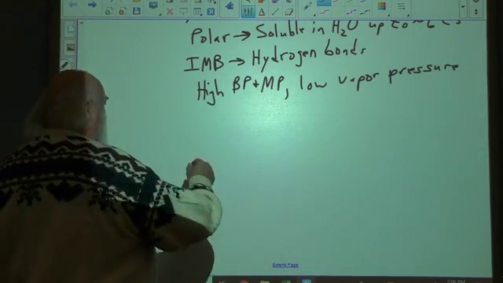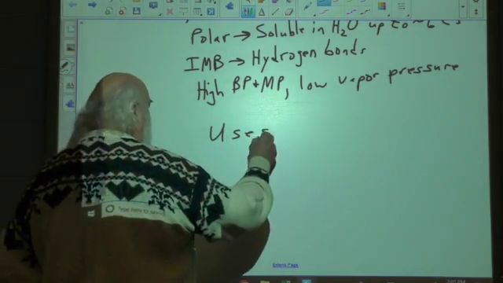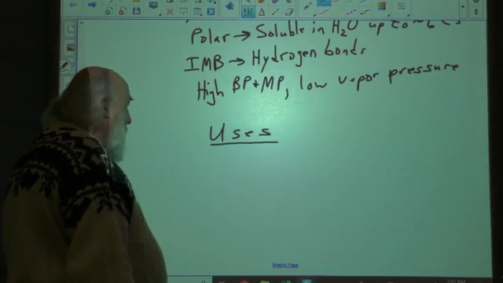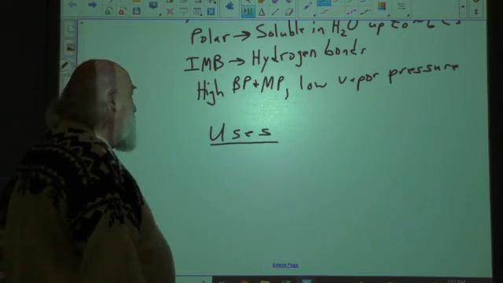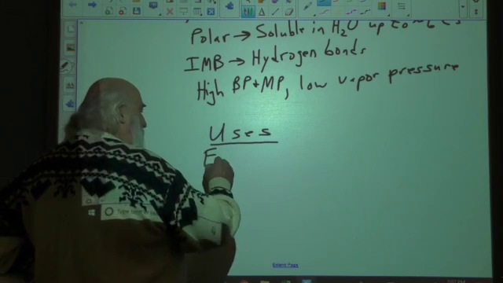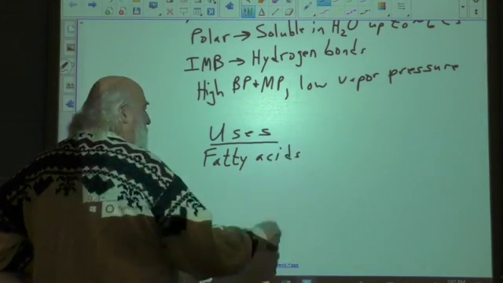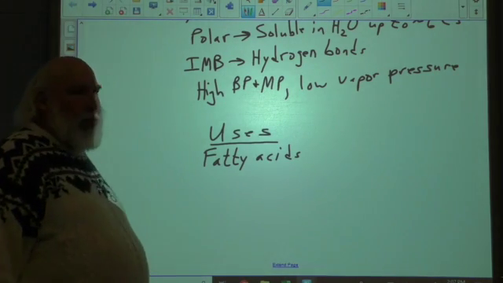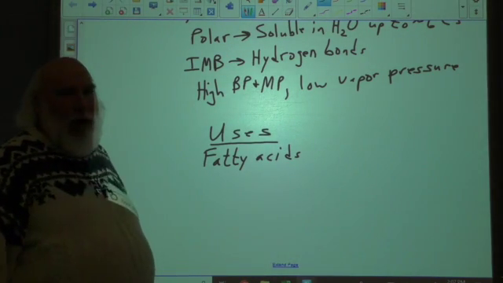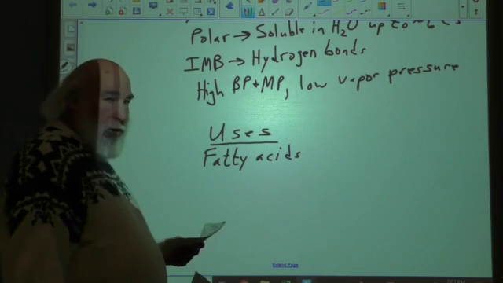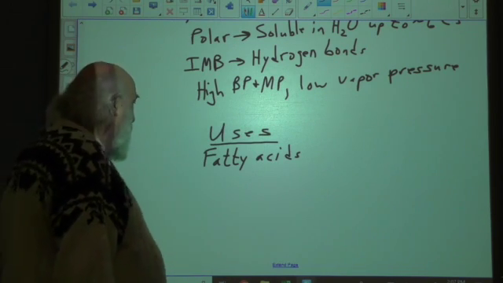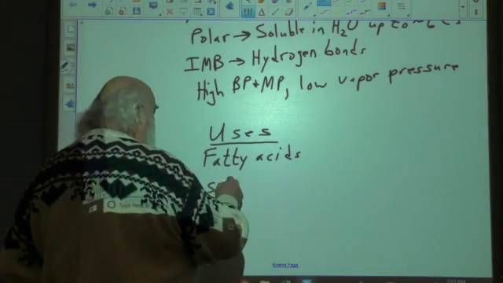And then uses for this. The human body uses this to make fatty acids. You get into biochemistry, you find out what fatty acids are all about and their usefulness. We also use them to make soft drinks and food.